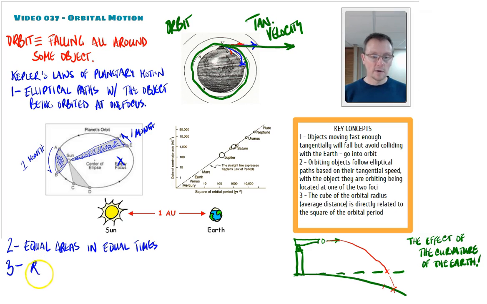It says the average distance it is away from the object it's orbiting, let's say the sun, cubed, must be equal to the time that it takes to go around that orbit squared.